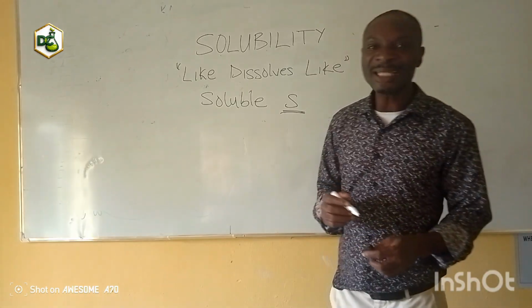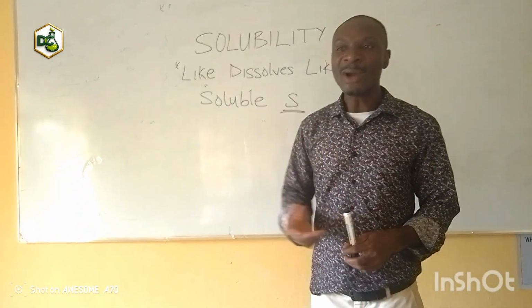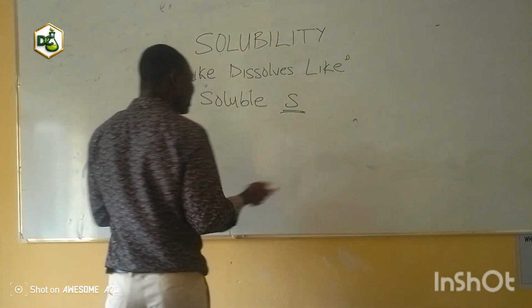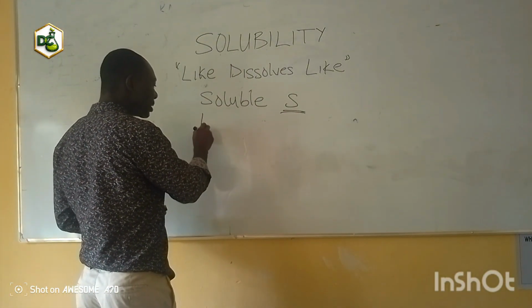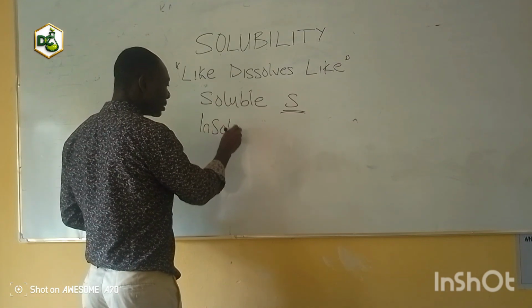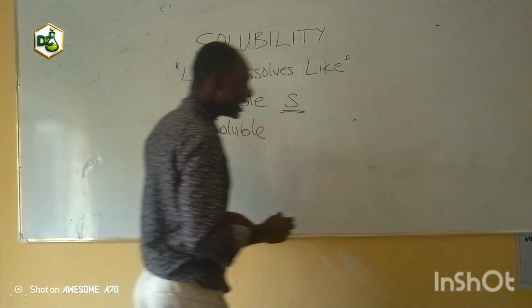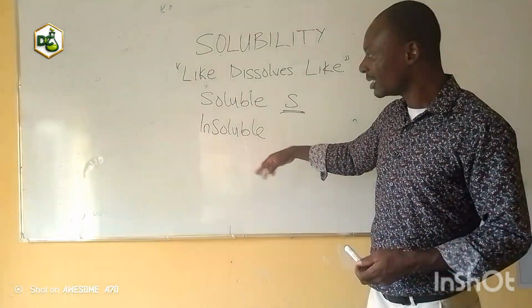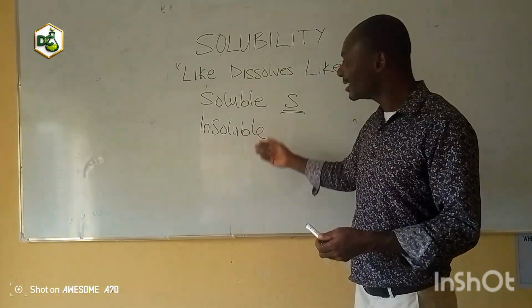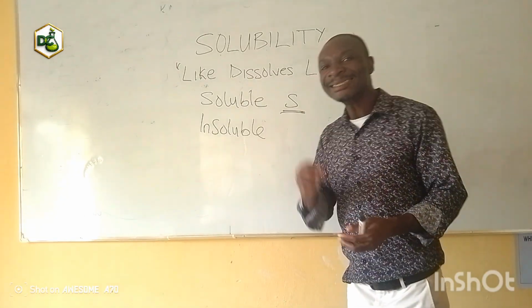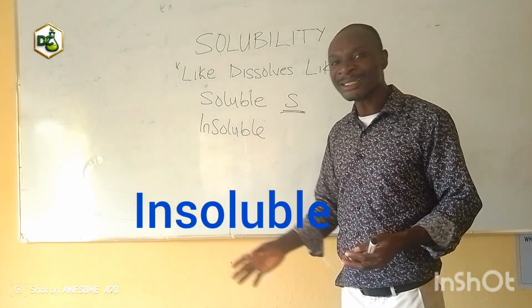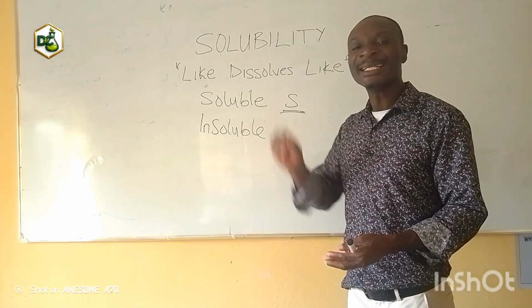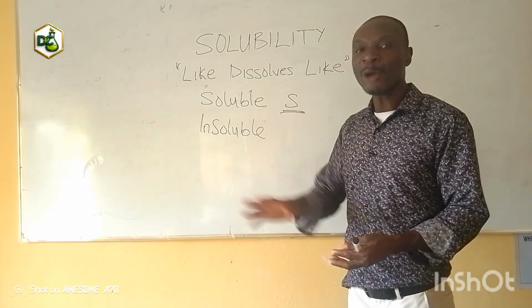Then another condition that is also possible when you add a solute to a solvent is that it can be insoluble. In that condition, when you added the solute into the solvent, the solute you added is still intact, still in the solvent.